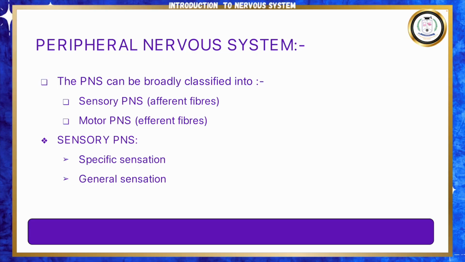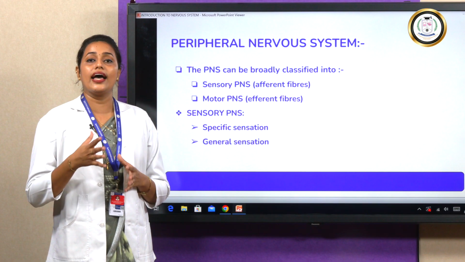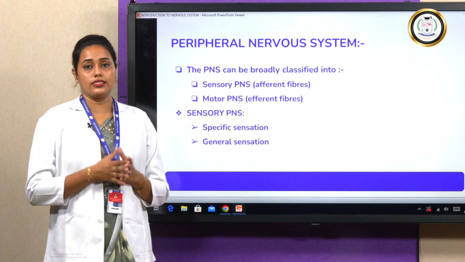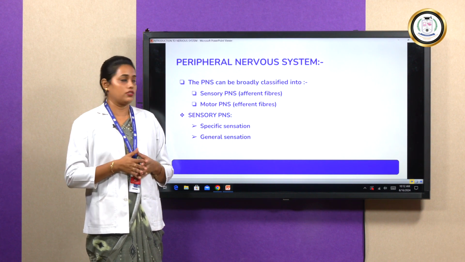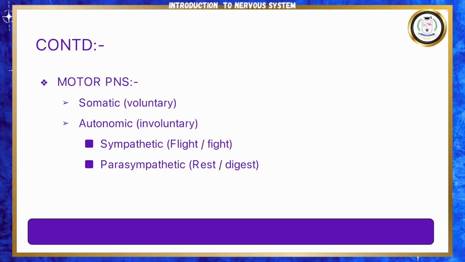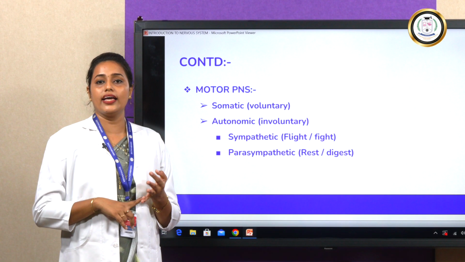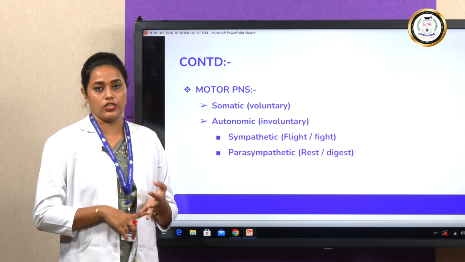Again, we can divide the sensory peripheral nervous system into two major components. One is the specific sensation and the other is the general sensation. I have spoken about this in the previous video lecture on special senses. Next, we can further divide the motor peripheral nervous system into two major components. One is the somatic and the other is the autonomic nervous system.